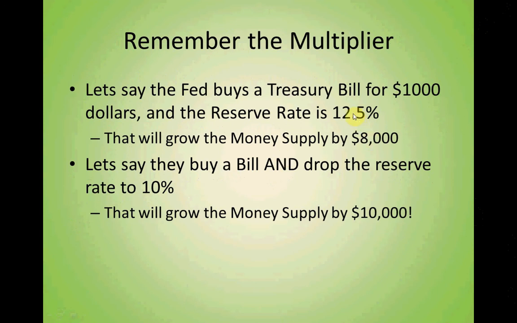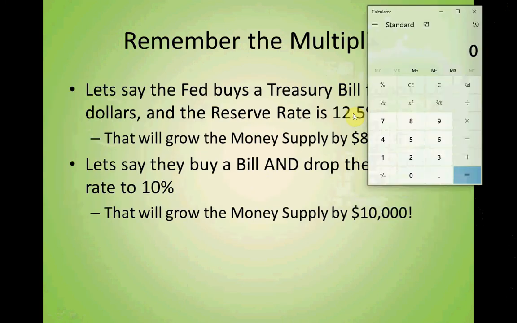Well, let's bring up our calculator. So remember, the money multiplier is 1 divided by the reserve ratio. Typically it's 10%, but in this example we said it's 12.5, so 12.5, that's the percentage there. So every $1 that the Federal Reserve creates, $8 will be added to the money supply, will be added to M1.